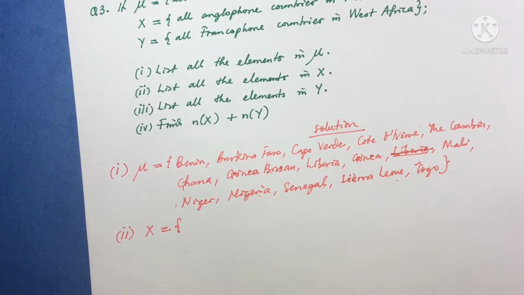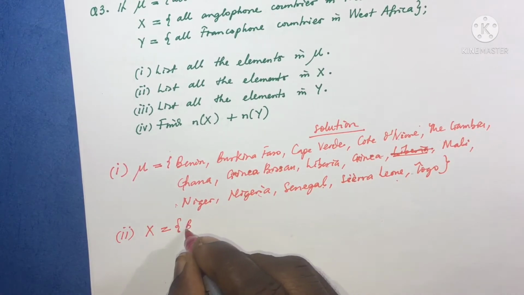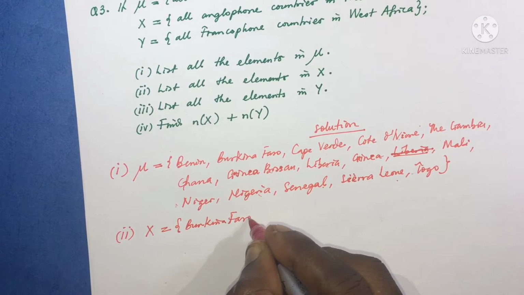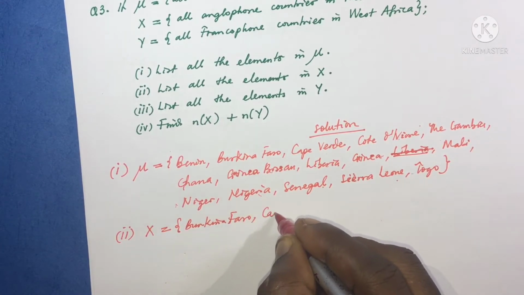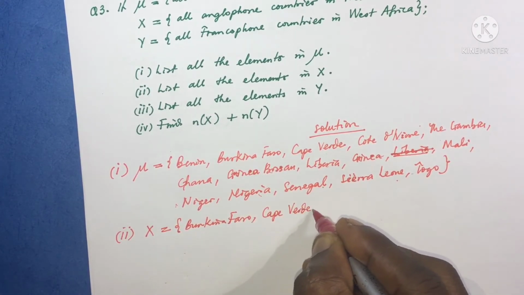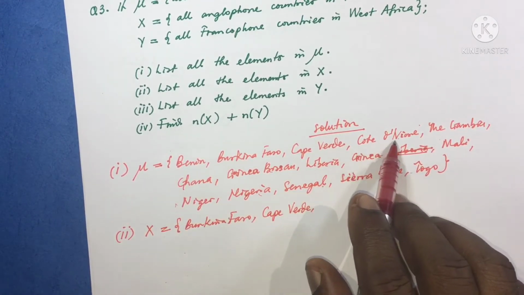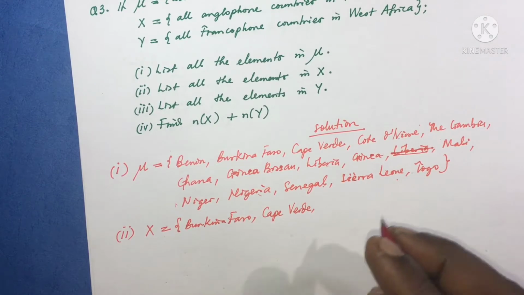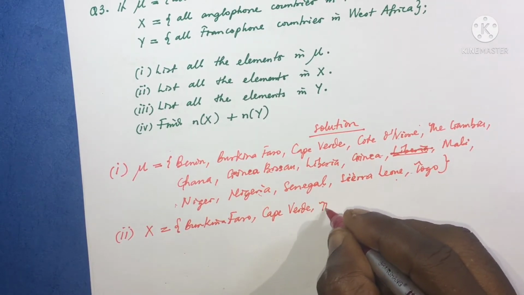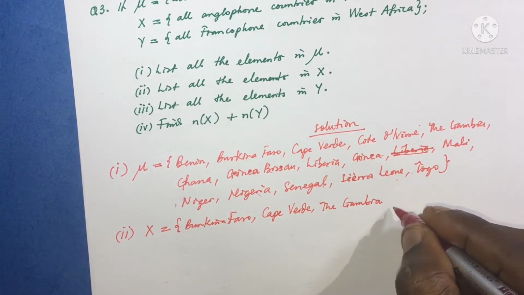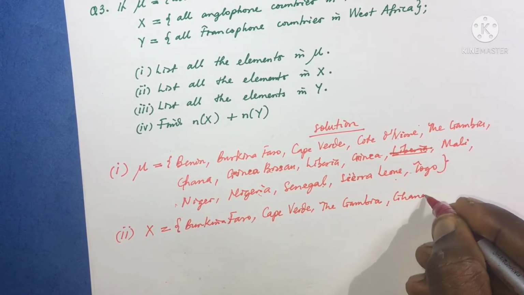Now, if I'm wrong, please don't lose sight of what we are describing. So I'm going to put Burkina Faso to the best of my knowledge as an Anglophone. Cape Verde, I'm going to put as an Anglophone country. I know for sure that Benin and Côte d'Ivoire are French-speaking countries. The Gambia, I'm going to put as Anglophone. I'm going to put Ghana as Anglophone.